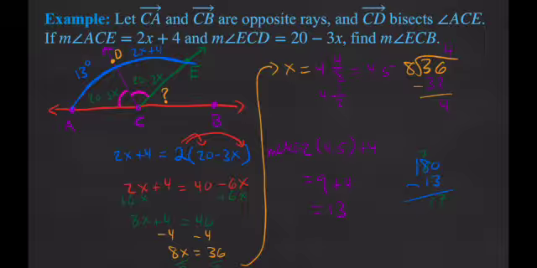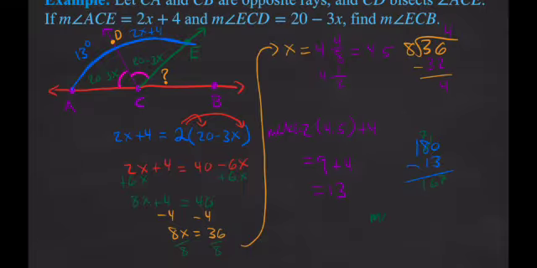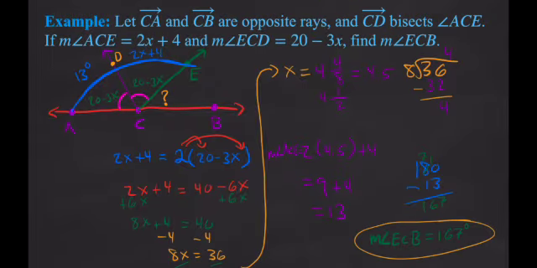So the answer to the measure of angle ECB is going to be 167 degrees. And yes, I know that the diagram, our figure that we have created, is not accurate at all. We just need a visual representation of what's going on to help us solve the problem.